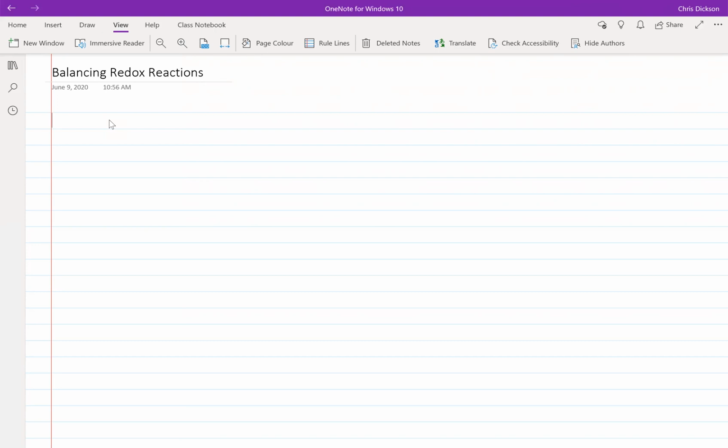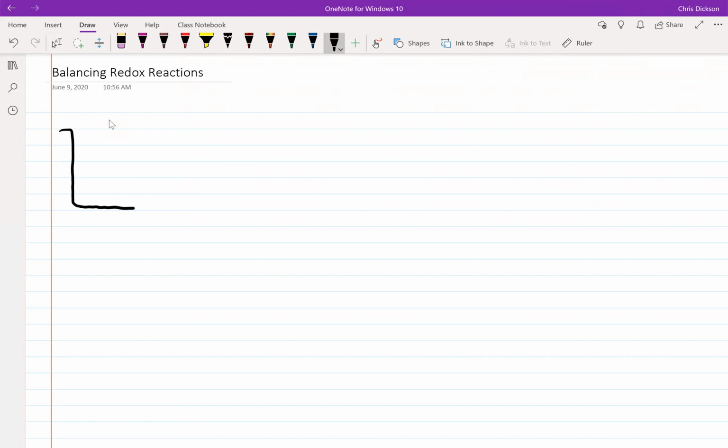So in class yesterday, we had a beaker, and we put in a solution that had copper 2+ in it, and sorry, no, that's wrong.